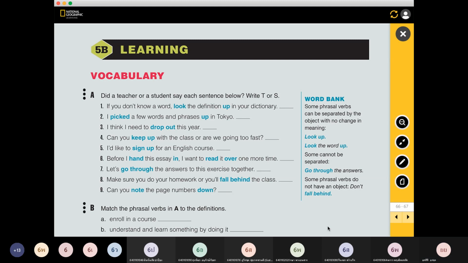There are 3 types. One is that they go together. Another one, they go separate. And either they go together or they go separately, there is no change of meaning. That's how you use phrasal verbs.